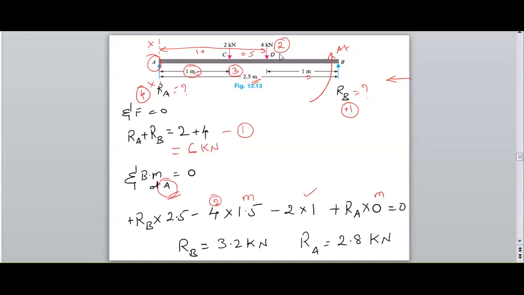Due to the 4 kilonewtons, the beam will move in this direction, so it is clockwise. Due to the 2 kilonewtons also, the beam will move clockwise. Therefore, I consider anti-clockwise as positive and clockwise as negative.